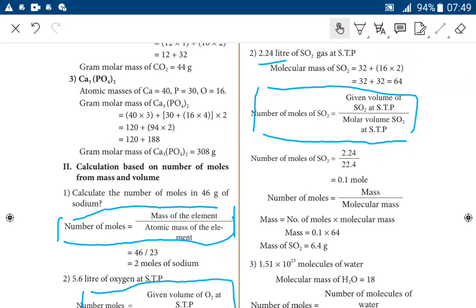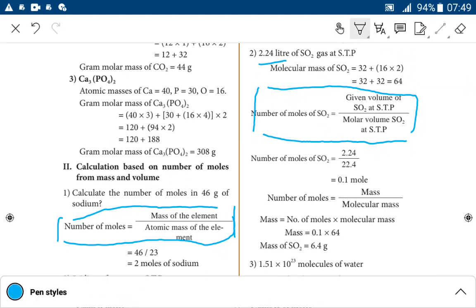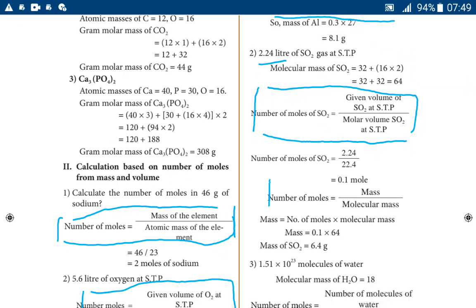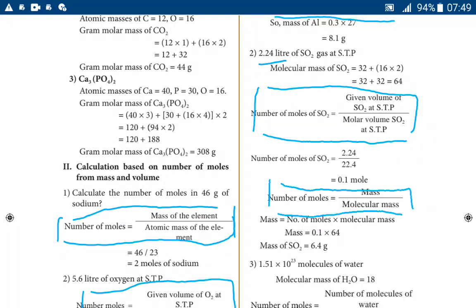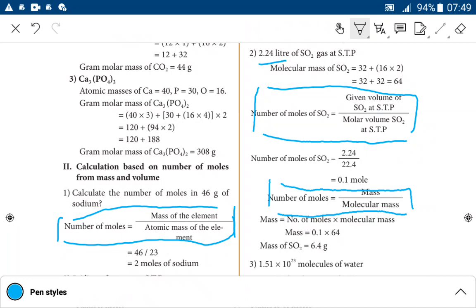Then from the number of moles, we have to use another formula for this sum, that is number of moles is equal to mass by molecular mass, because sulfur dioxide is a molecule. When the atomic form is given, that is sodium or aluminum, you can write mass by atomic mass. Here sulfur dioxide is a molecule, so you have to write mass by molecular mass.